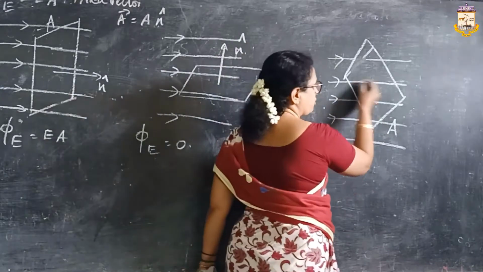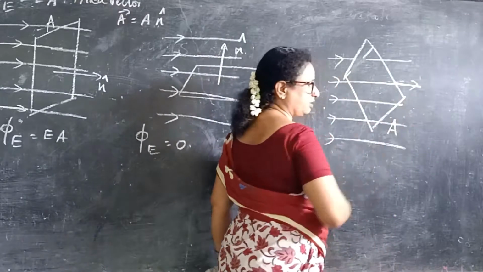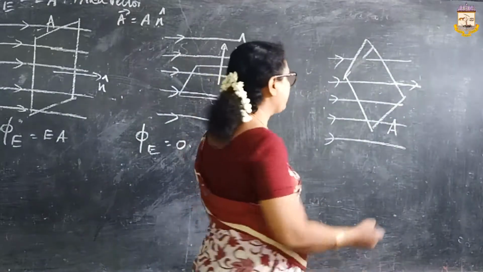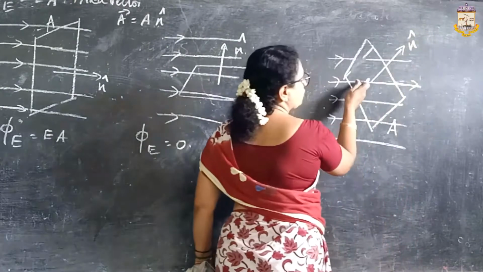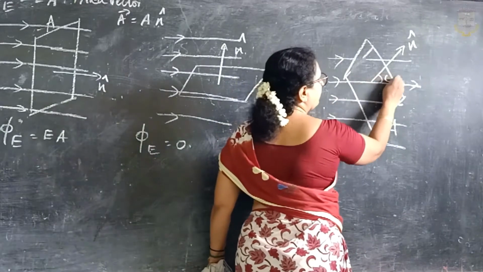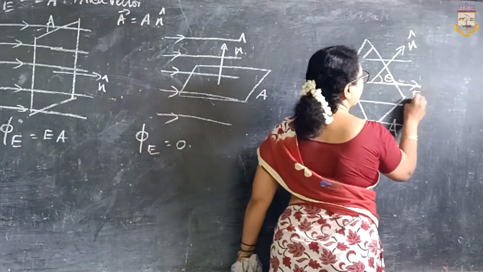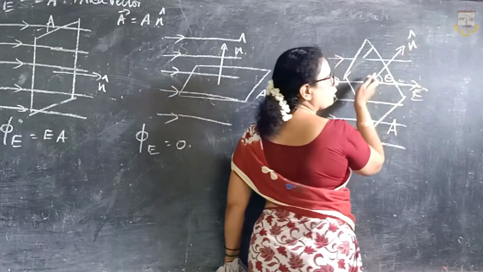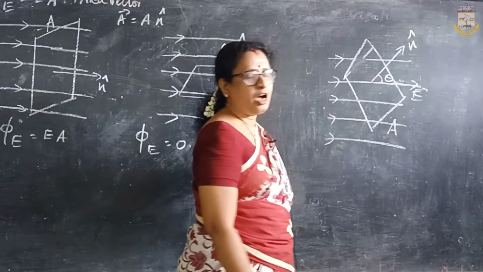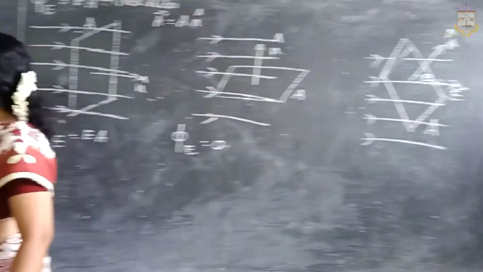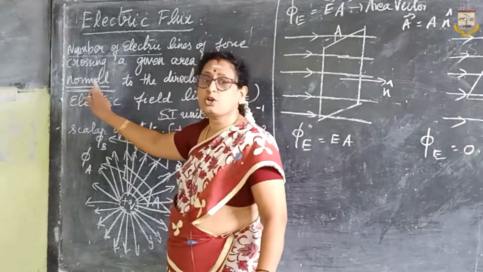So let me draw the direction of the electric field, already we have specified here. For the direction of the area vector, you have to draw the normal like this. So the angle between the electric field E and the normal to the area, the area vector, is theta. Here, as per the definition, electric flux is nothing but the number of lines crossing normal.